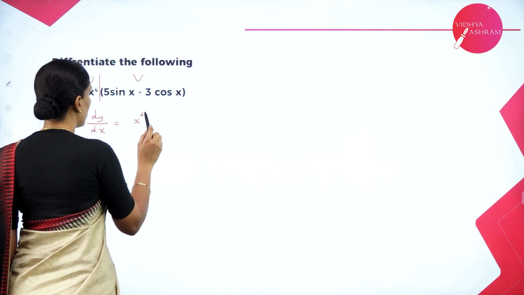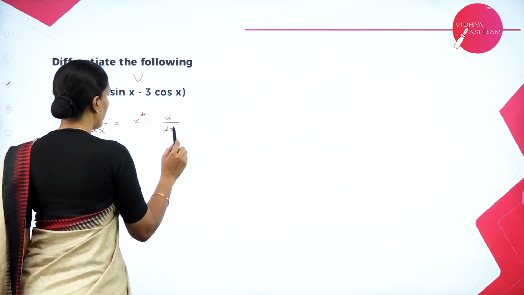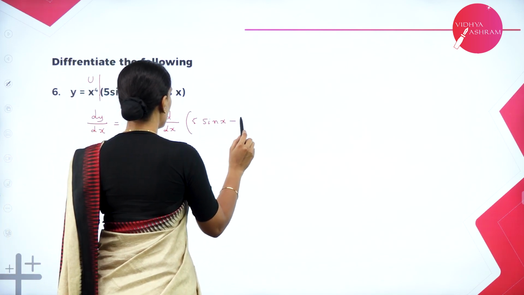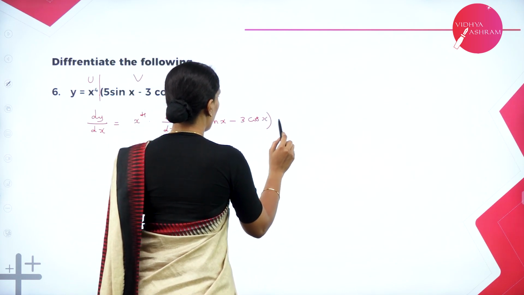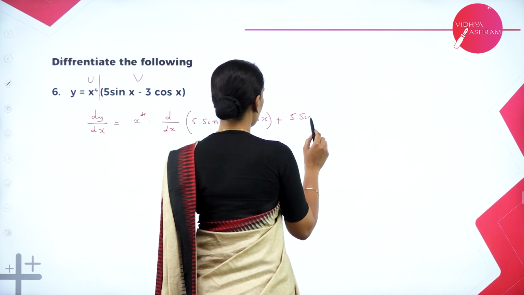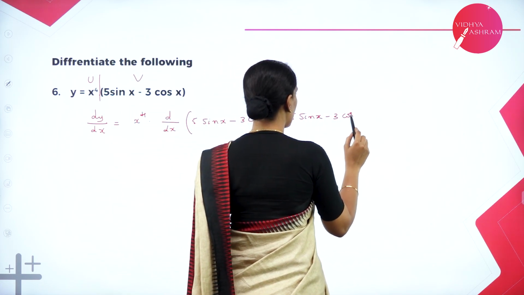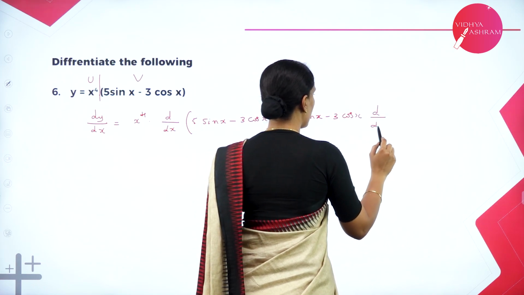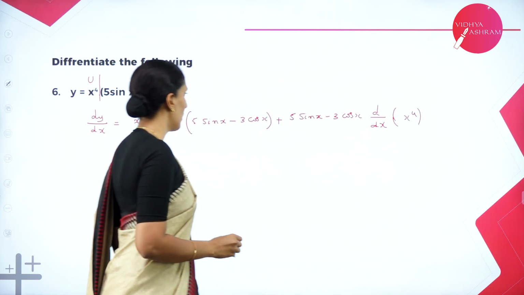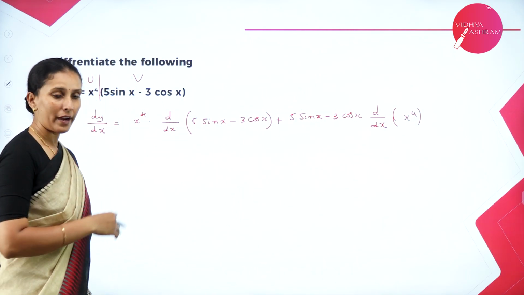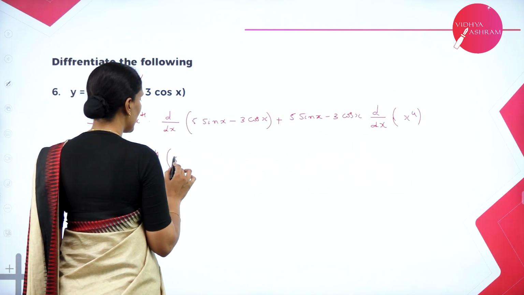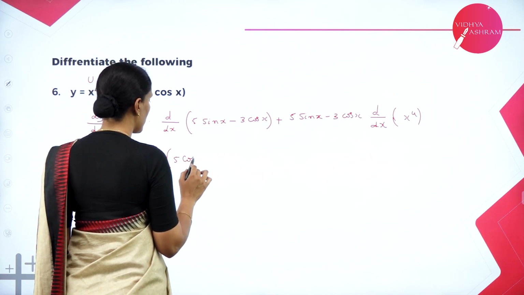First function into derivative of the second function, that is x power 4 into 5 sin x minus 3 cos x, plus second function, this is 5 sin x minus 3 cos x, into derivative of the first, that is x power 4. So, we have applied the rule, now find the derivative. x power 4 into, keep 5 as it is, derivative of sin is cos x.